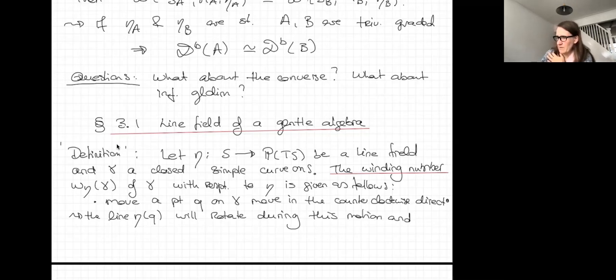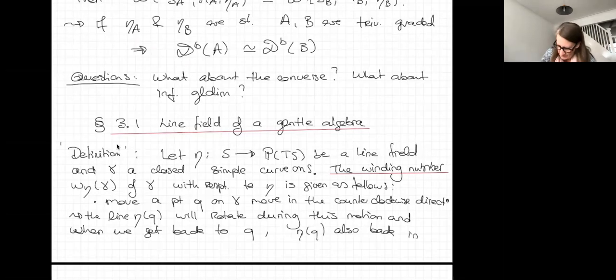And when we get back to Q, so if we've done a full circle or followed the closed curve exactly once, eta of Q is also back in the same position up to a half rotation.